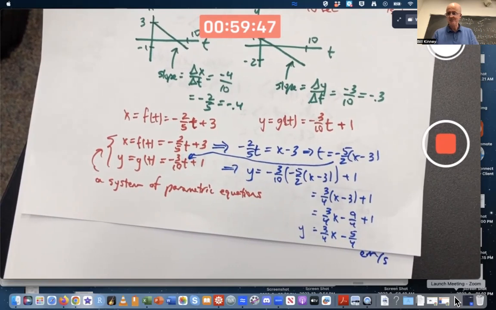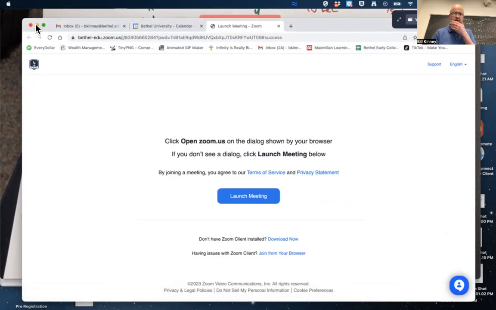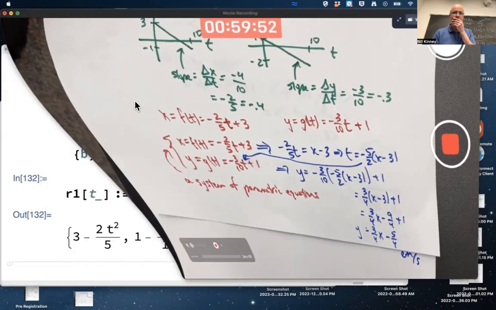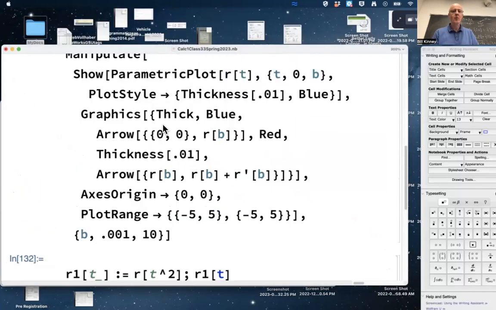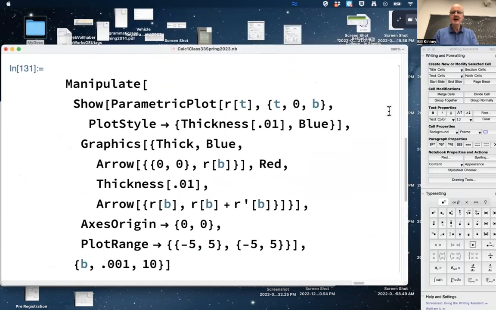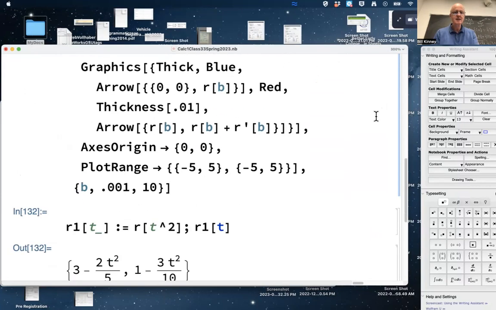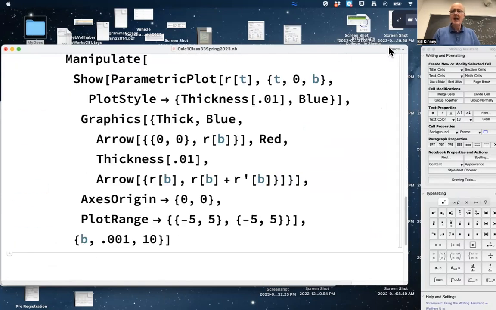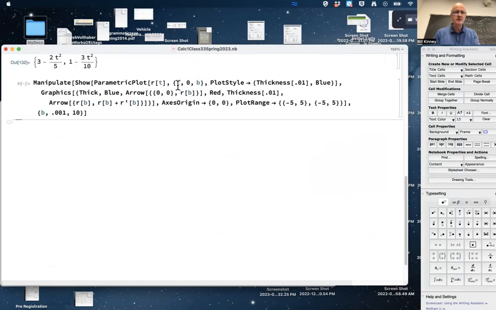So what is it? Well, let's copy and paste this stuff here, and let's change the R's to R1s.